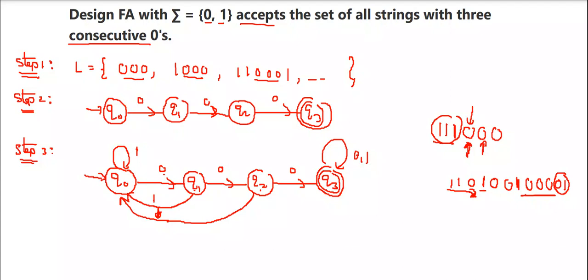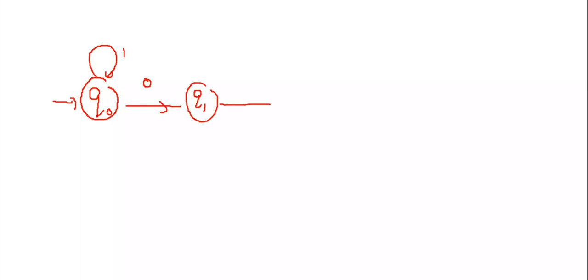So finally, the diagram for this is Q0. On 1 you stay, and on 0 you go to Q1. When you see a 1, again you are coming back. When you see 0, you are moving forward.